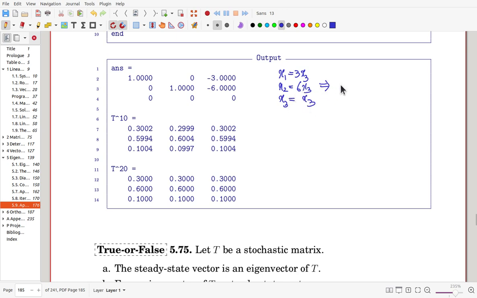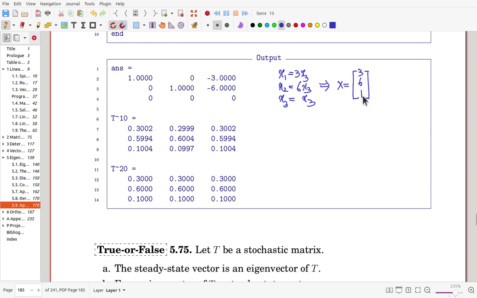From here, x is 3, 6 and 1, along with x3, the free variable. Now we'll try to make the length 1 in summation.